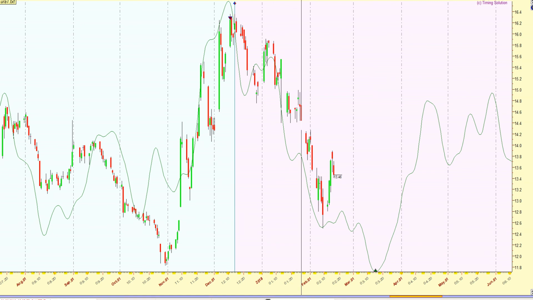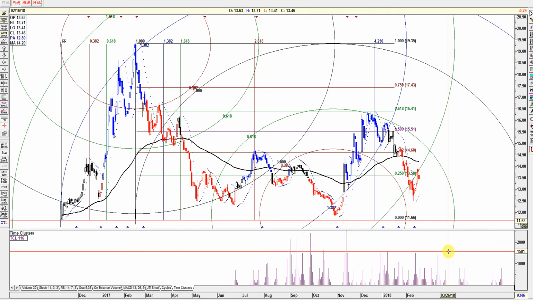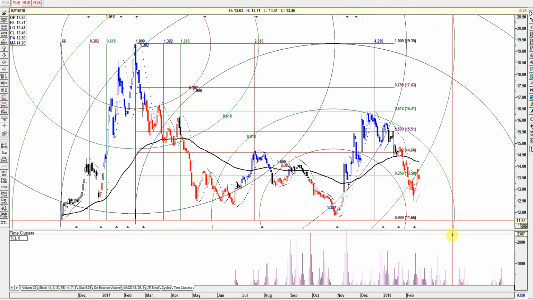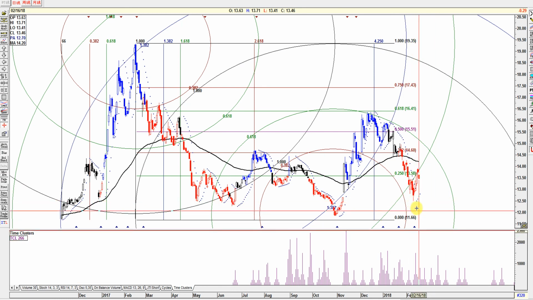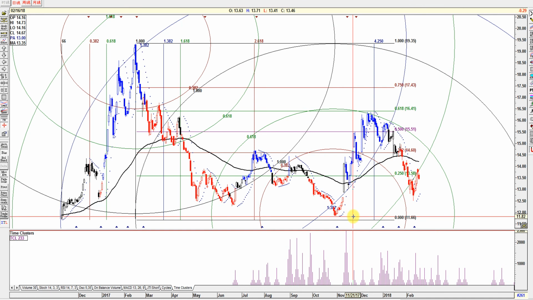So you got the 15, you got time cluster saying the 13th, somewhere around there, and then you got the April over here. So somewhere around here, if this is not the swing low, it's going to be somewhere around here. And it could probably be nice, because then we could get in at a nice low.